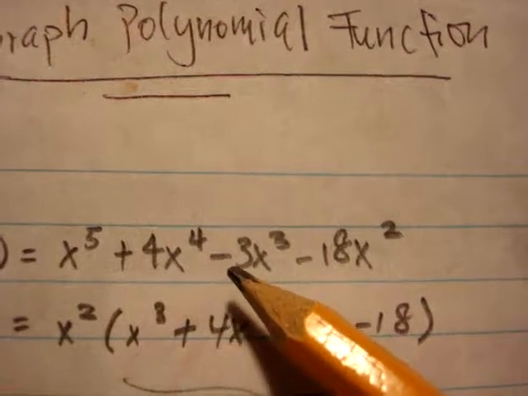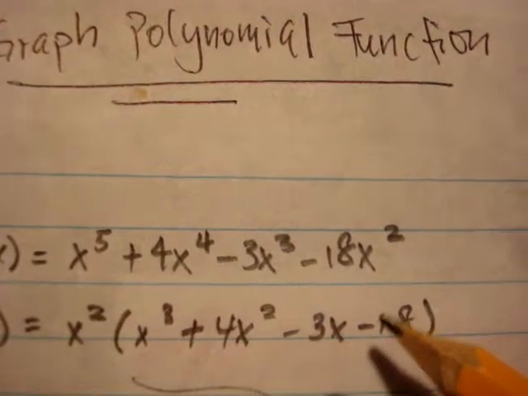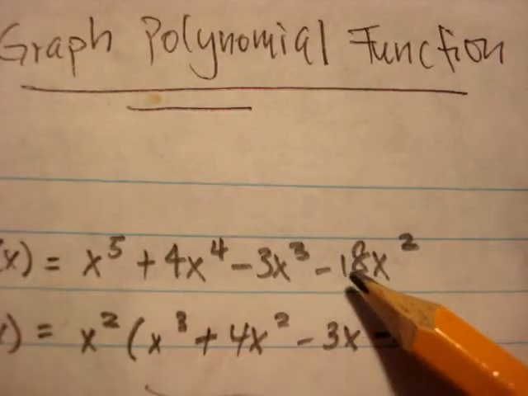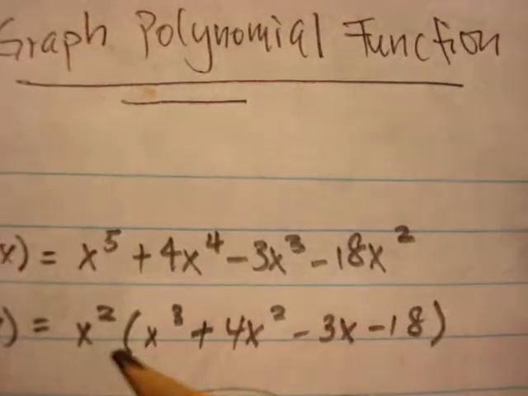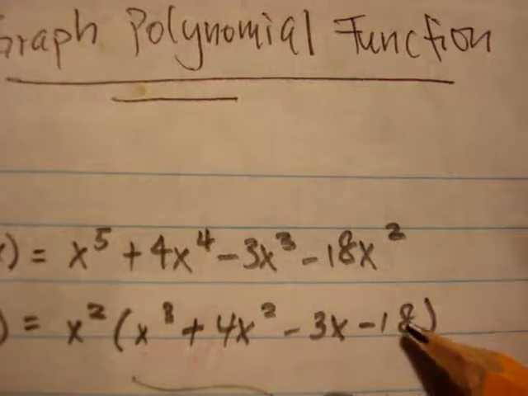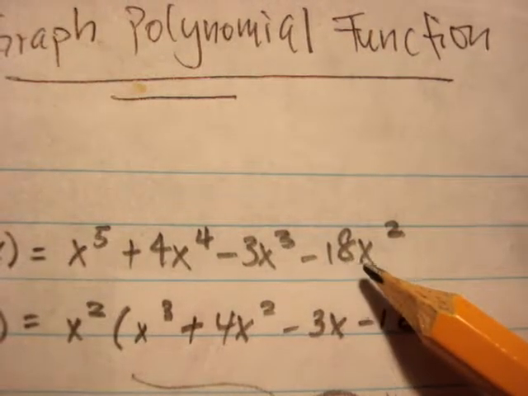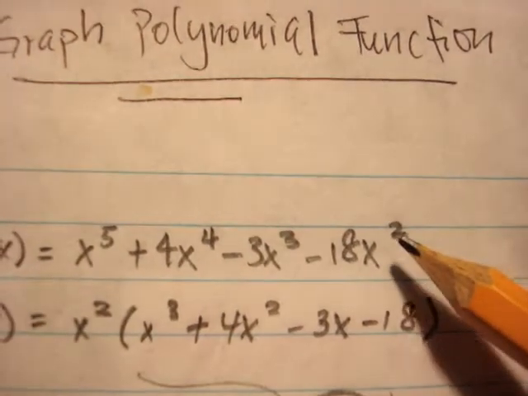As for the negative 18x to the second, you take x to the second times negative 18, and it becomes negative 18x to the second.